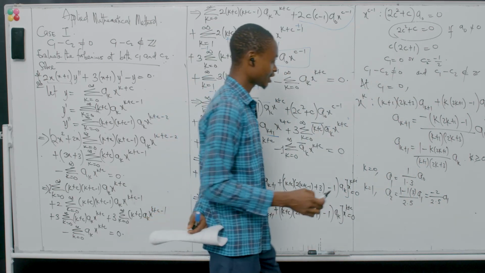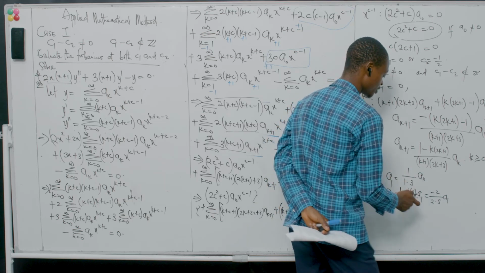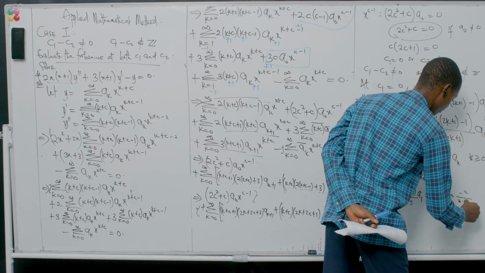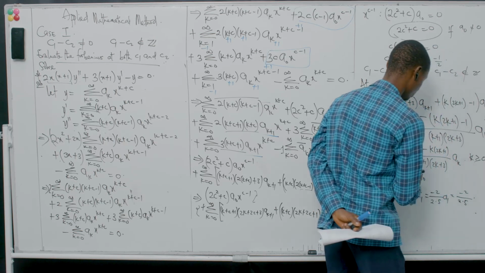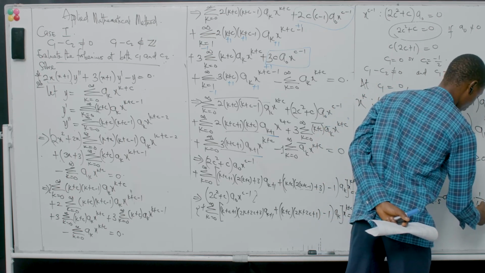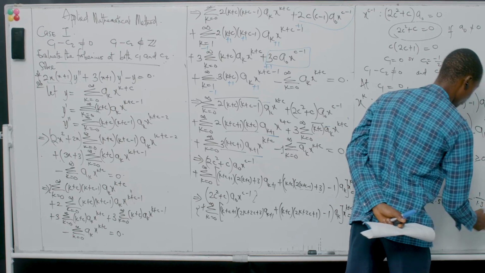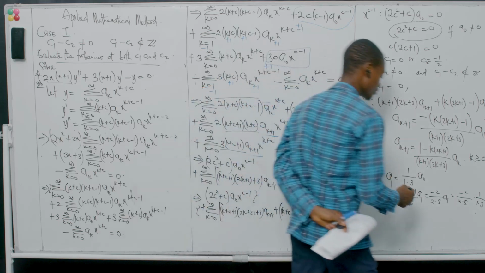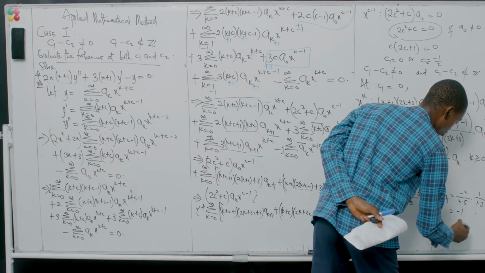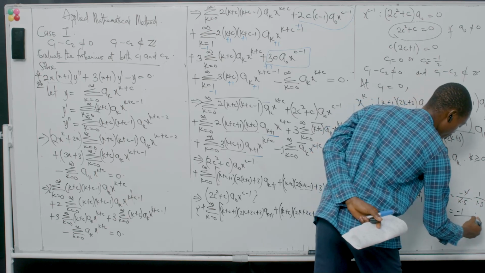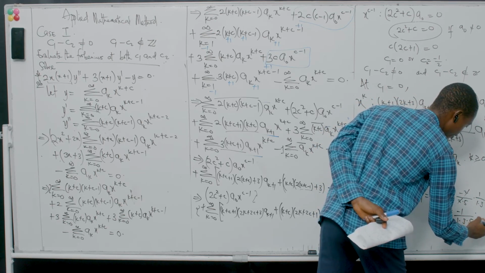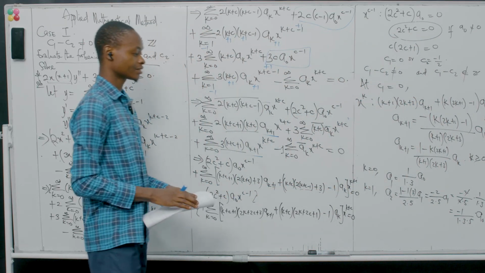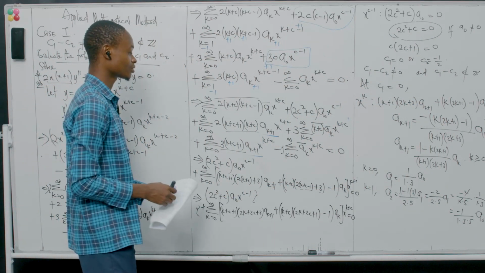But don't forget, a1 itself is all of this. So you have it as minus 2 over 2 times 5 multiplied by 1 over 1 times 3, a naught. So if you put all of these values together, what do you have? Minus 1, so let's cancel the 2, divided by 1 times 3 times 5, a naught, right? Let's continue.